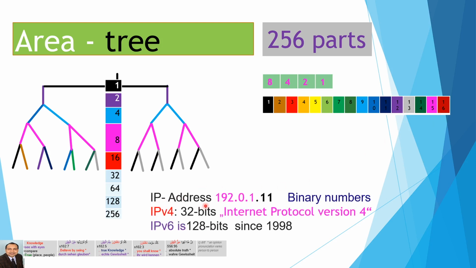IP address is like your home address, and it is in binary numbers. Internet Protocol version 4 is stored in 32 bits, 4 bits, 4, 4, and 4.